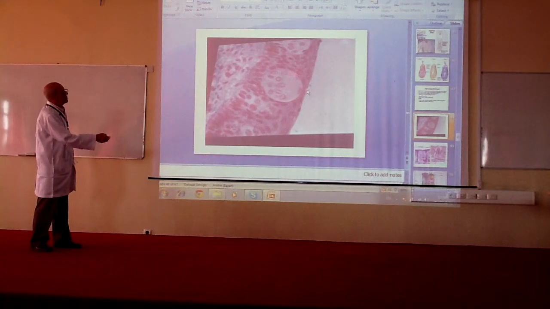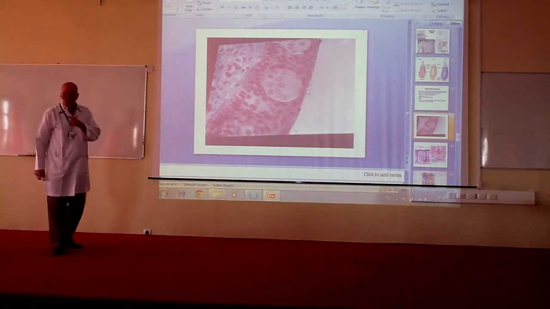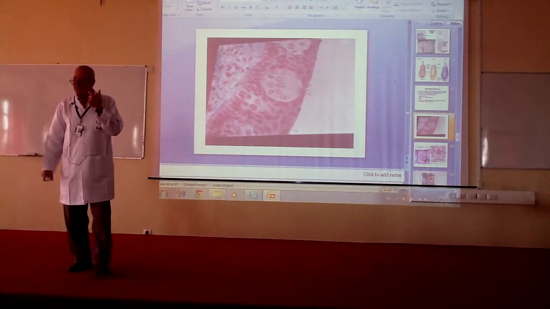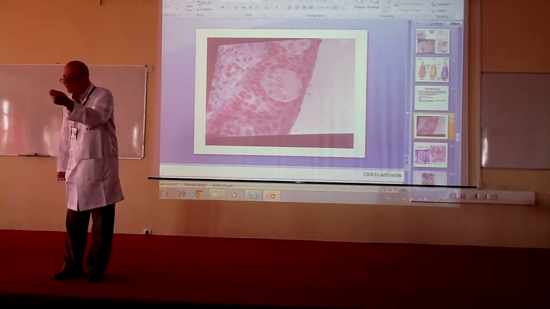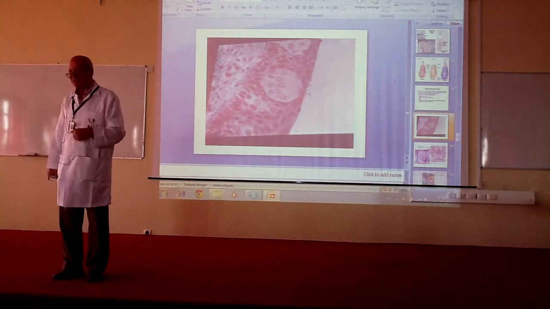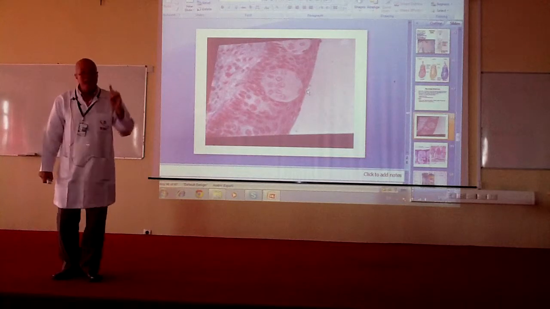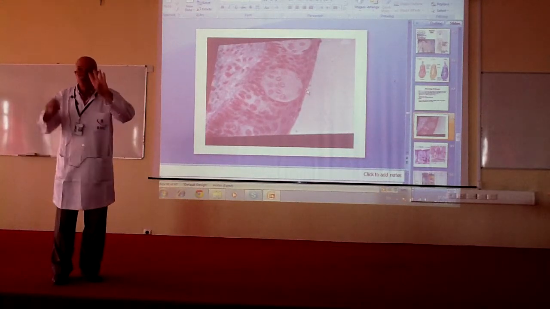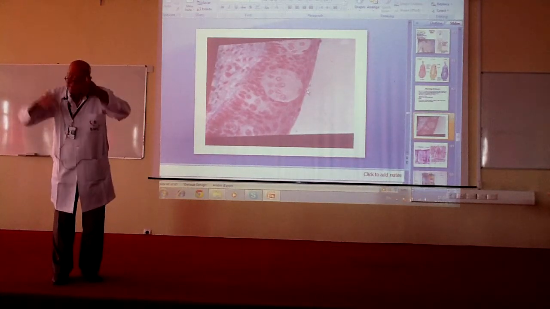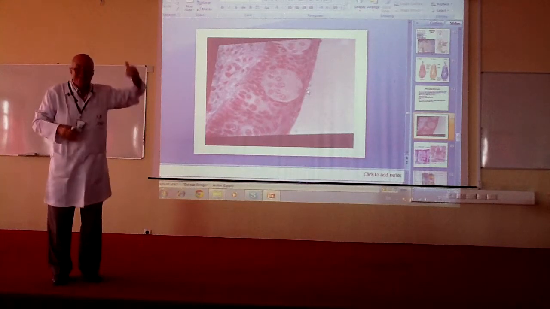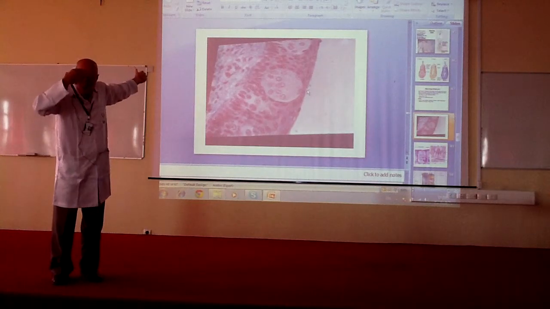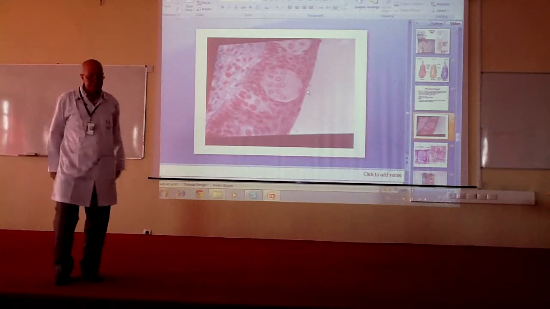The taste bud has an opening to the outside to receive substances dissolved in mucus. To get the taste sensation, there should be mucus to dissolve the substance to go to the taste bud. If there is an odor, the odor has to go through air, dissolve in mucus, and be received by the olfactory epithelium.